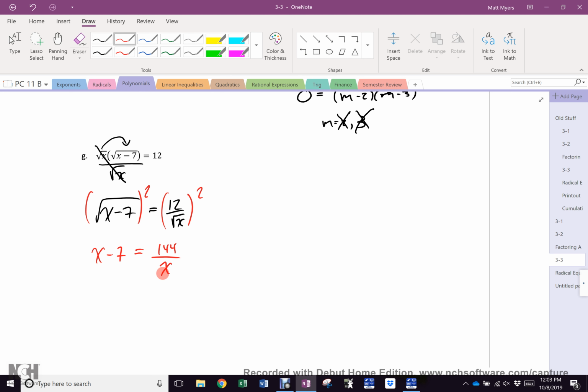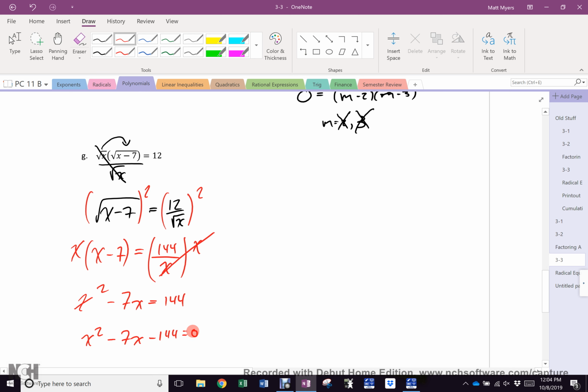Which x bothers you? The fraction x, yes? How do I get rid of a fraction? Multiply by the denominator. Cancel. x squared minus 7x equals 144. Yeah? X squared minus 7x minus 144 equals 0.